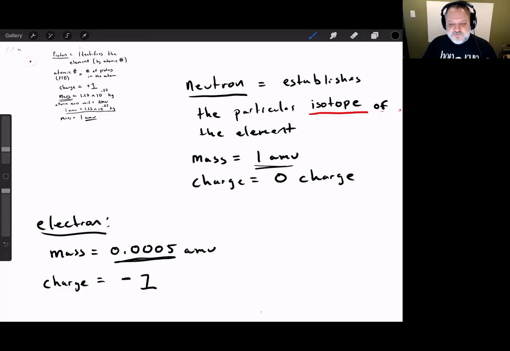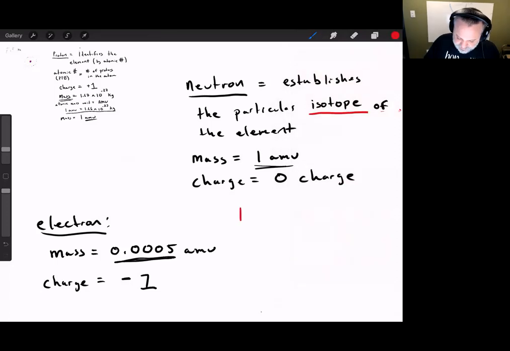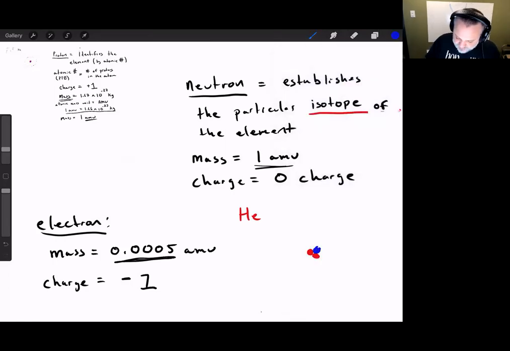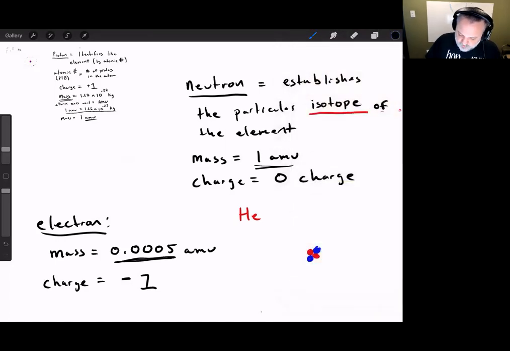So now that we've put these 3 things together, let's go back to that picture of helium, and it's going to be the particular version of helium that has 2 neutrons. And let's try to identify the locations. What do we want to call the spot where the neutron and proton are? What's this place called?